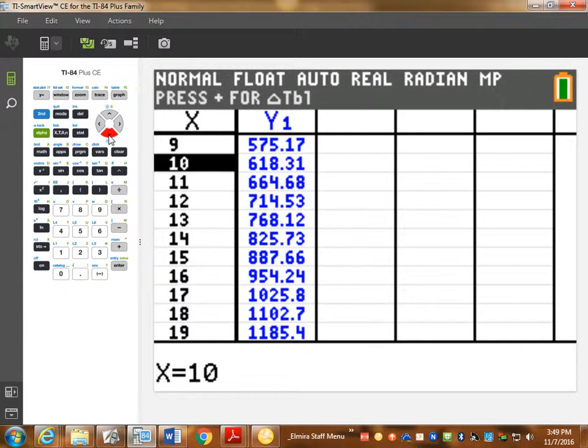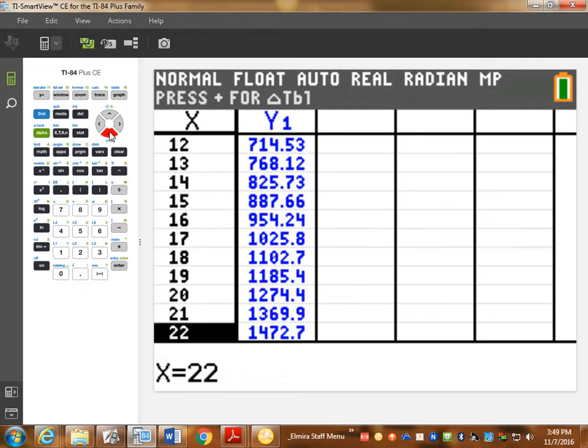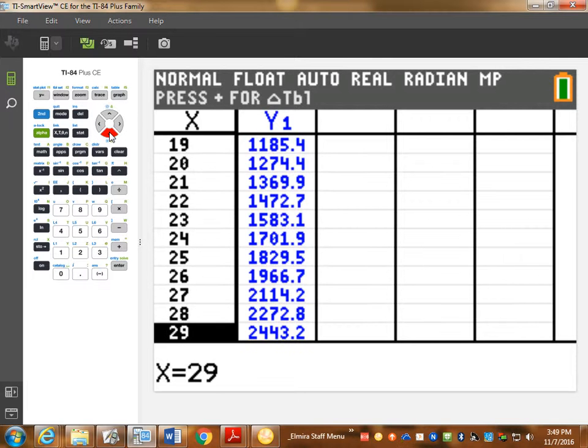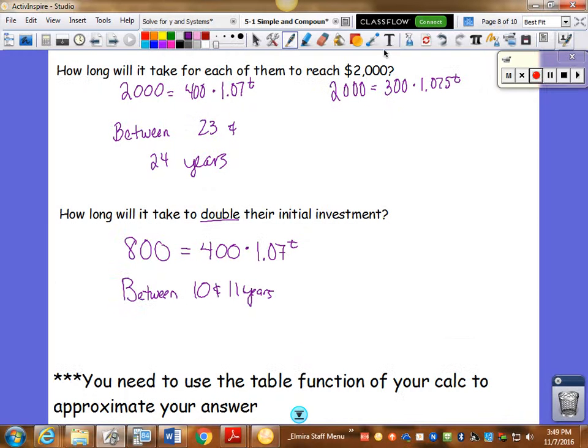And we're going to scroll till we find 2,000. Okay, here it is. It's between 26 and 27 years when it's going to reach 2,000.